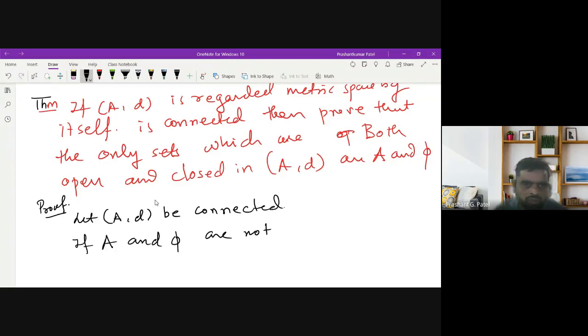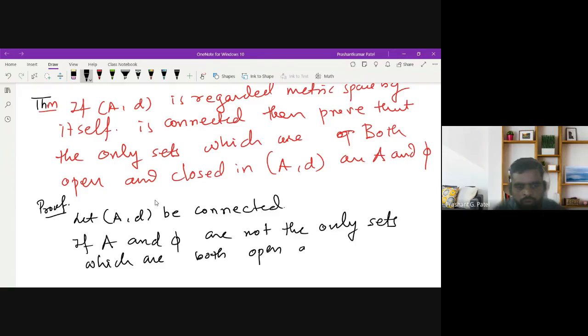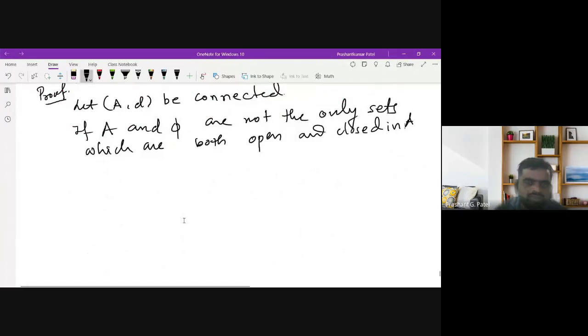So if A and phi are not the only sets which are both open and closed in A, that means there exists some proper subset of A which is both open and closed. This is what we have assumed.